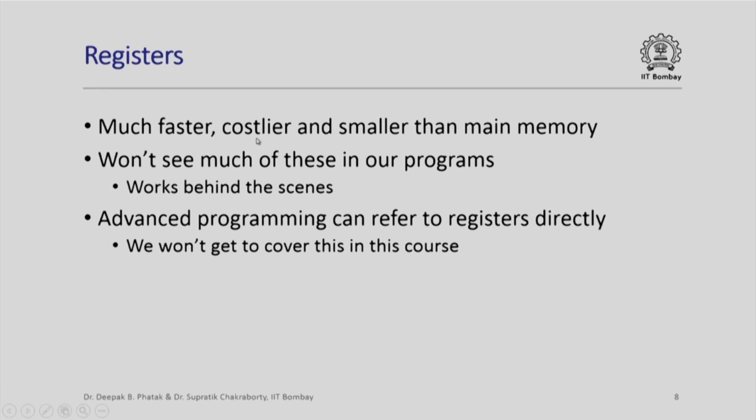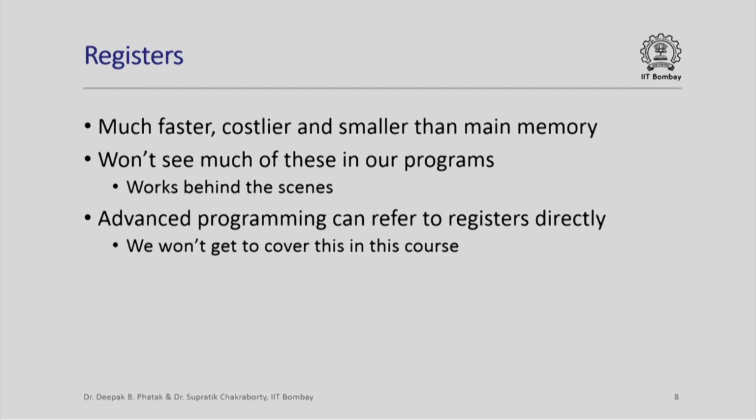To design maybe 32 registers, you may have to use the same amount of resources as to design maybe 1,000 locations in memory. So that is why registers are much costlier, and because they are costlier, they are usually present in smaller numbers, which means you have fewer registers than you have locations in main memory.